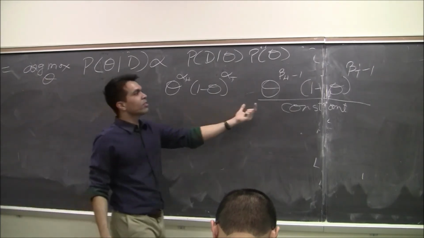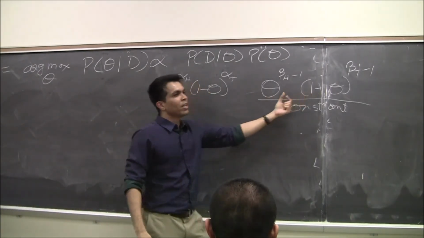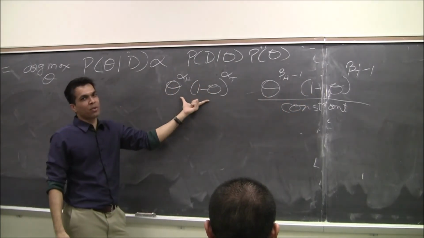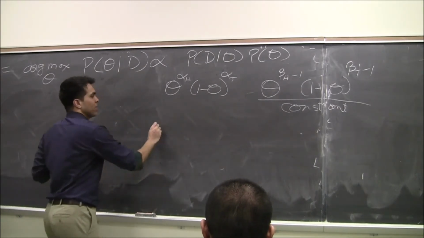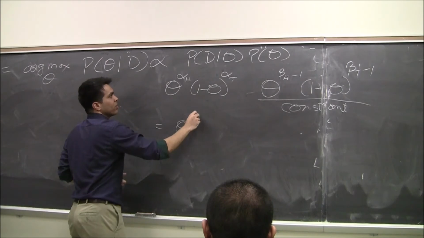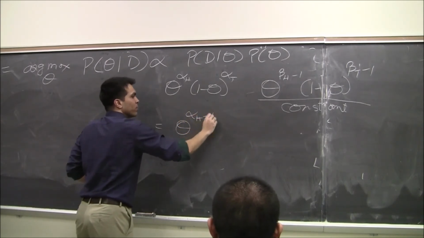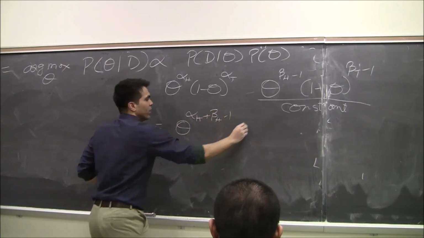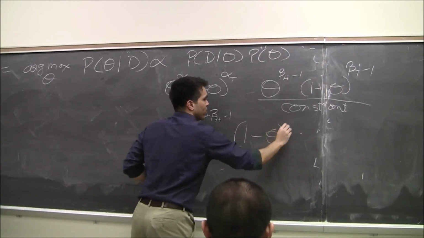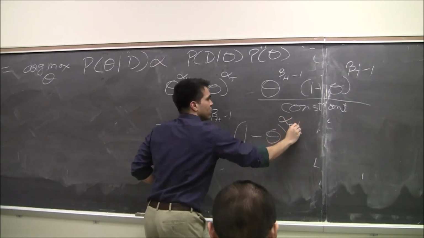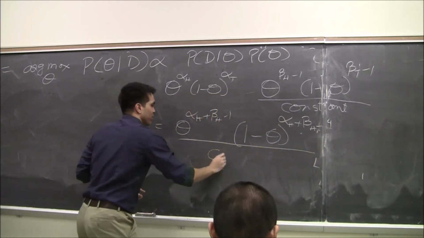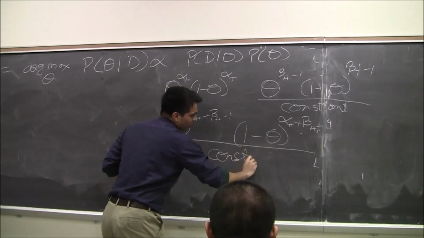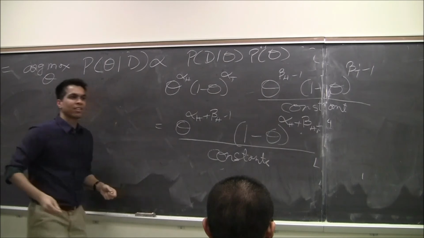And the reason why we chose this prior is exactly because things are going to multiply really easily. This is going to be theta to the alpha heads plus beta heads minus 1, 1 minus theta to the alpha tails plus beta tails minus 1, divided by some uglier constants.